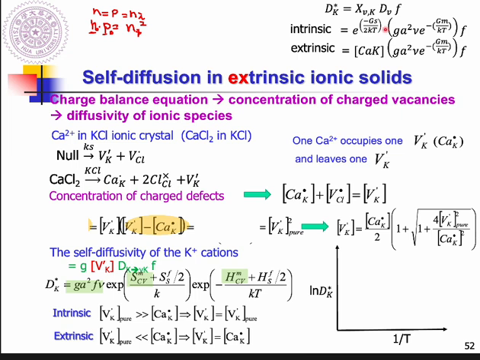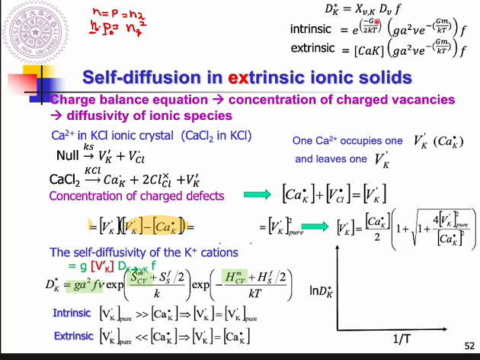So based on here, we know that if you try to plot the log D, diffusivity for potassium ion, versus 1 over T, then log this equation, you will have a slope for the temperature dependent term, right? So I will convert them into enthalpy.